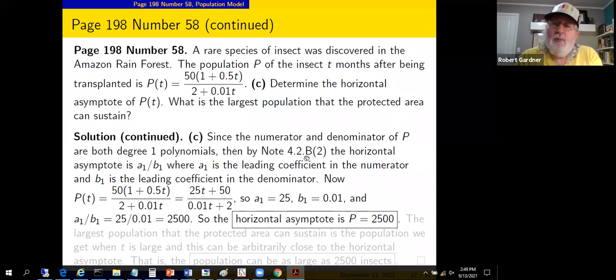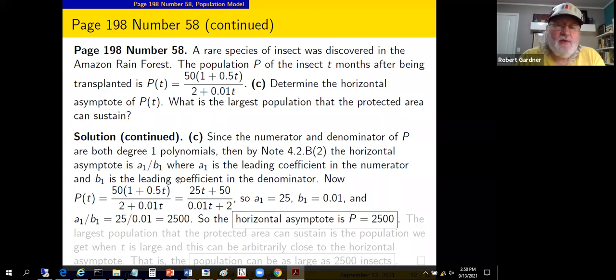Then by note 4.2, point B, part 2, the horizontal asymptote will be the leading coefficient in the numerator divided by the leading coefficient in the denominator. We need to distribute that 50 to see what that leading coefficient is. So we'll take 50 times the 1 plus 0.5t.